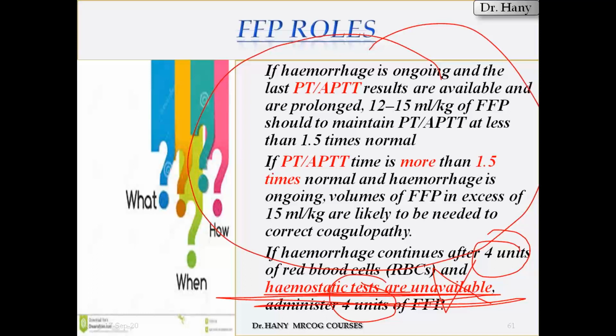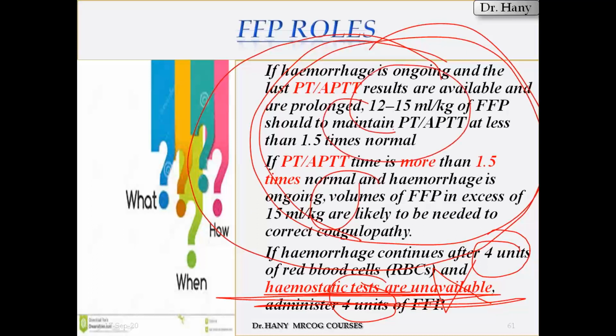The problem is here. If I have labs in my hospital and the lab calls me and says, Dr. Hany, the lab is 1.5 times normal, it is prolonged, and I will give fresh frozen plasma in the specific dose between 12 and 15. Why? Because the labs are prolonged but not so high. It is still less than 1.5 times normal.